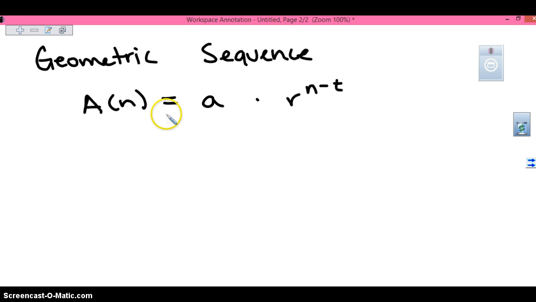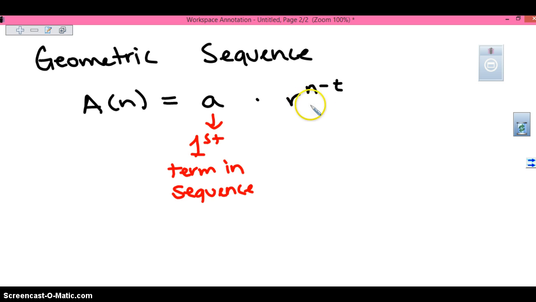To find a specific term in a geometric sequence, we can use this formula where a of n is equal to a times r to the n minus 1 power, where a is the first term in the sequence, r is the common ratio, and n is the term number.